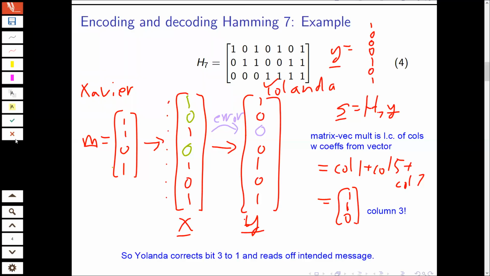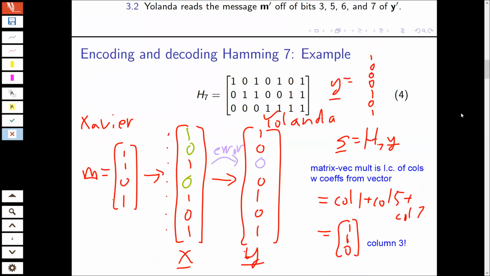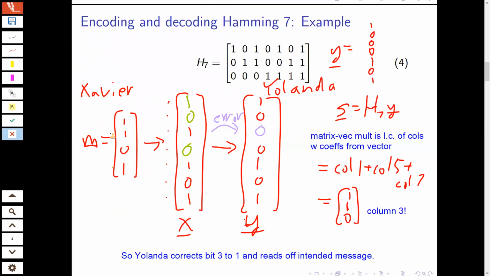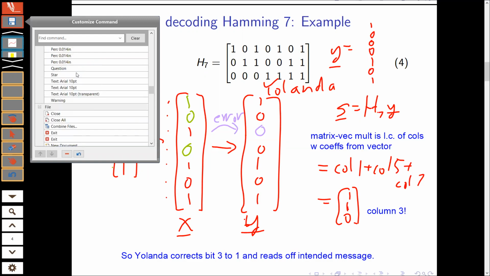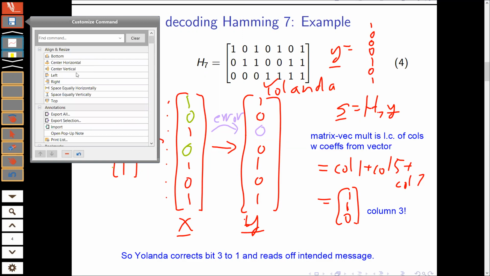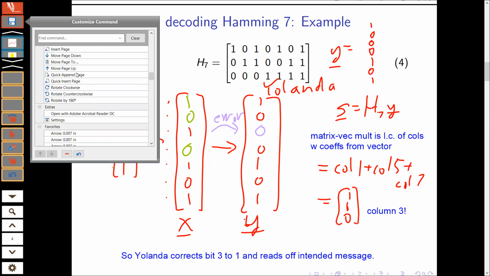Oh no. Oh, bummer. Where's line annotations? Well, this was worth a shot.